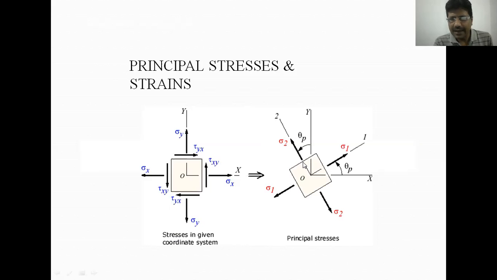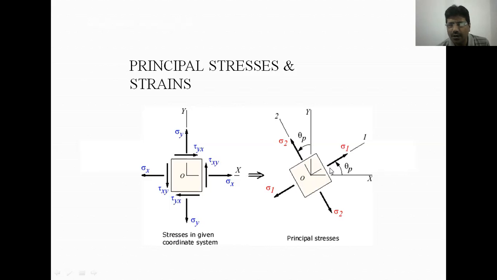If we take a plane from the x-axis of the body at an angle of theta p, and we define all the stresses along this plane, we will find that in some cases, at some theta p, there will be no shear stress acting at all.